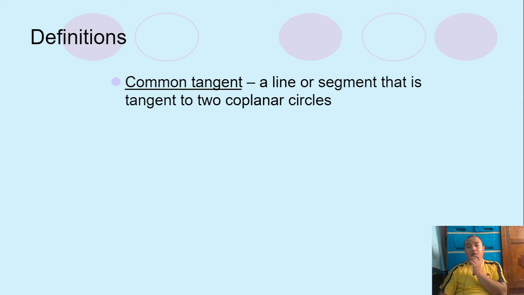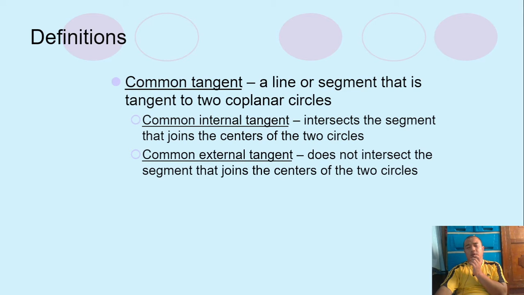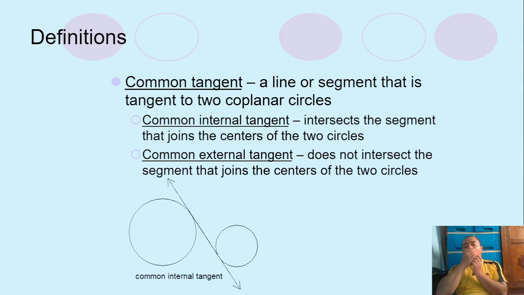Another definition, common tangent. It's a line or segment that is tangent to 2 coplanar circles. Common internal tangent intersects a segment that joins the centers of the 2 circles. Common external tangent does not intersect the segment that joins the centers of the 2 circles.